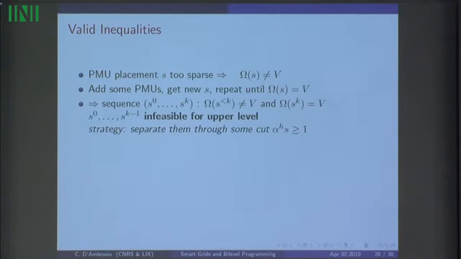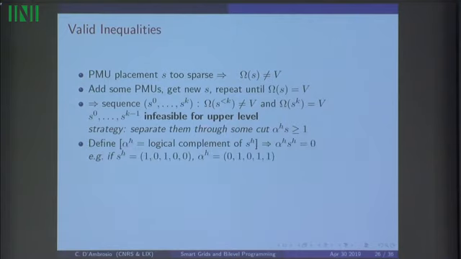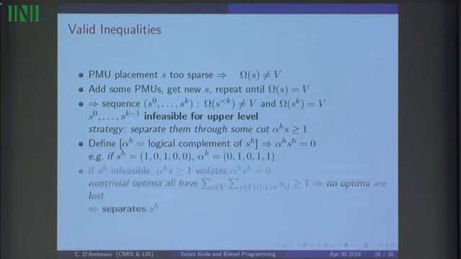So it means that the first k vectors are infeasible for the upper level, and then we can separate them through a cut that can be obtained like this. The alphas will be just the logical complement of the current solution, meaning that we want to say that there will be at least one edge where there is not already a PMU, where we have to install a PMU. From a physical viewpoint, it's really straightforward, and probably it's not the best that you can do, and in fact I will show you how to strengthen this.